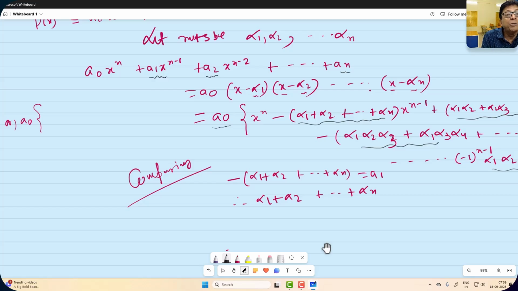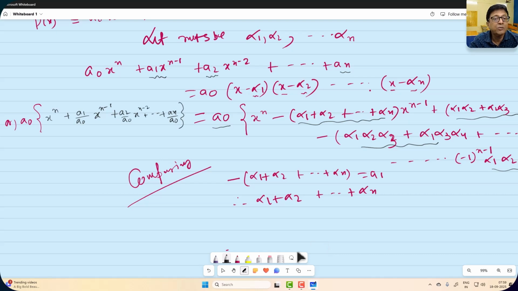If you take a0 common, then it will be x to the power n here, and this is a1 by a0 x to the power n minus 1, I am rewriting this one, plus a2 by a0 x to the power n minus 2, this way up to an by a0.